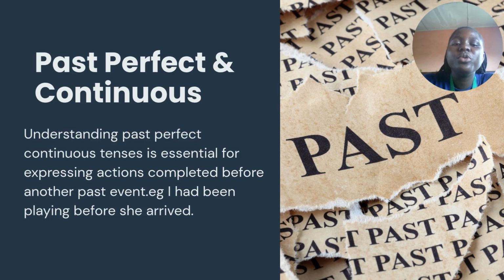All right, so we're looking at past perfect continuous tense. Understanding past perfect continuous tense is essential for expressing actions continuing before another past event. An example is I had been playing before she arrived.